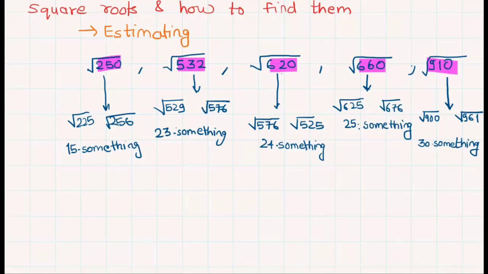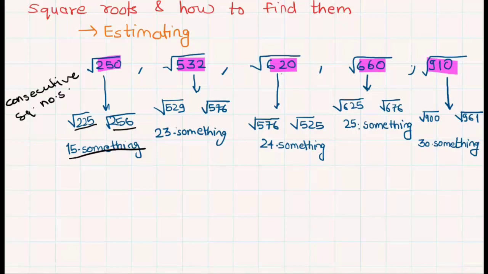Observe this. 250 lies between 225 and 256, which are two consecutive square numbers, right? So, the square root of 250 has to be 15 point something, right?